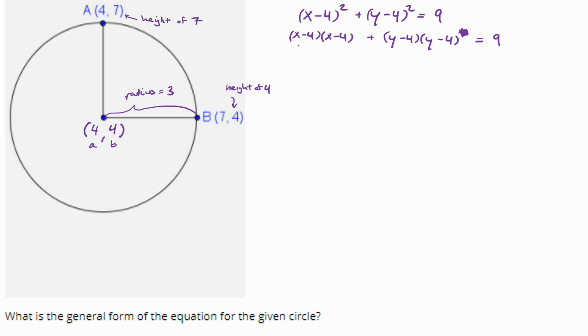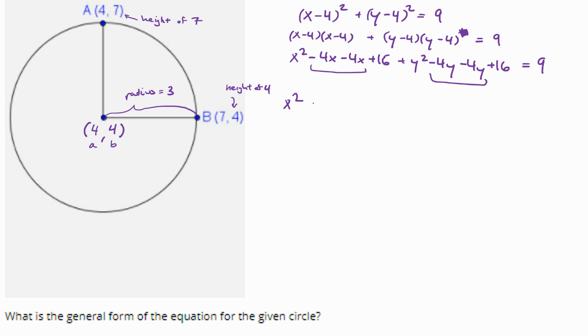Okay, so now the multiplying out. So x squared minus 4x minus 4x plus 16. Y squared minus 4y minus 4y plus 16 equals 9. And now we're going to combine these two and these two.